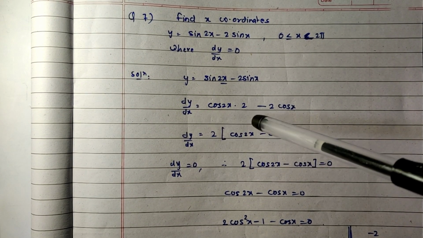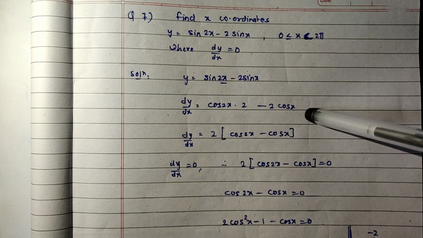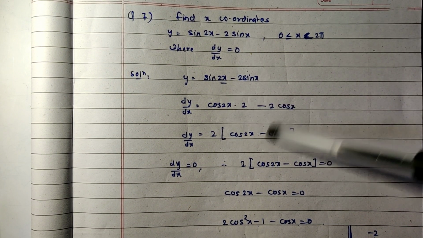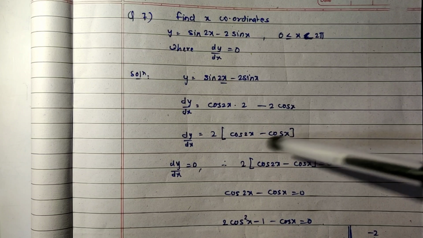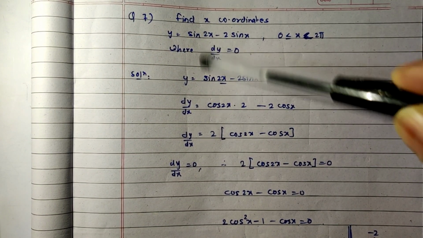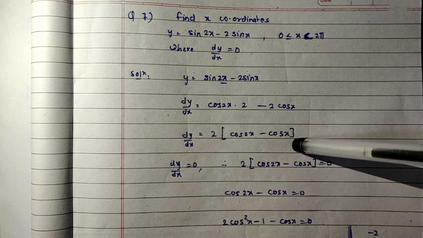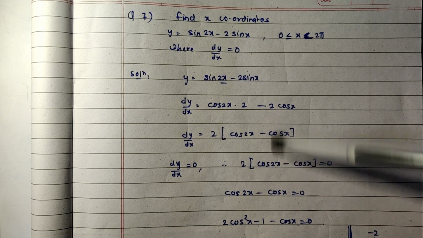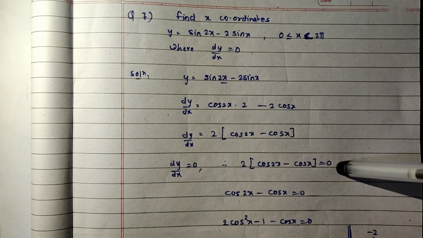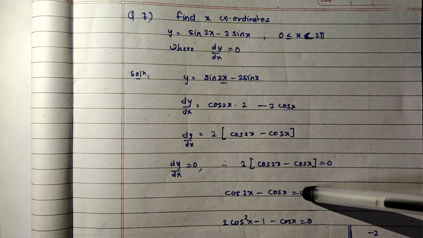The derivative is 2 cos 2x minus 2 cos x, 2 common, cos 2x minus cos x. You will find x when the derivative dy by dx is 0, so equate it with 0. So 2 times cos 2x minus cos x equals 0. 2 will not be 0, this bracket will be 0.